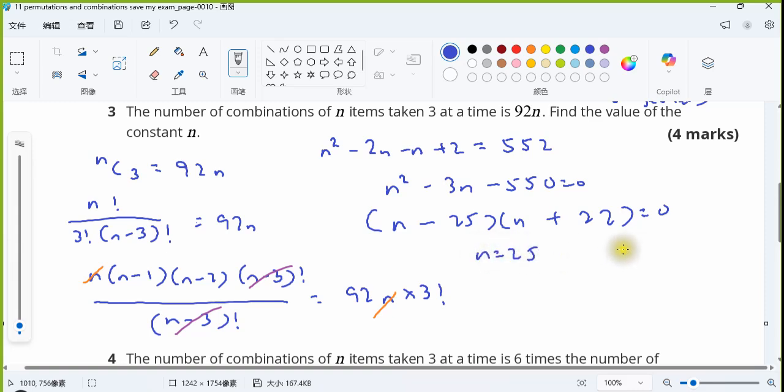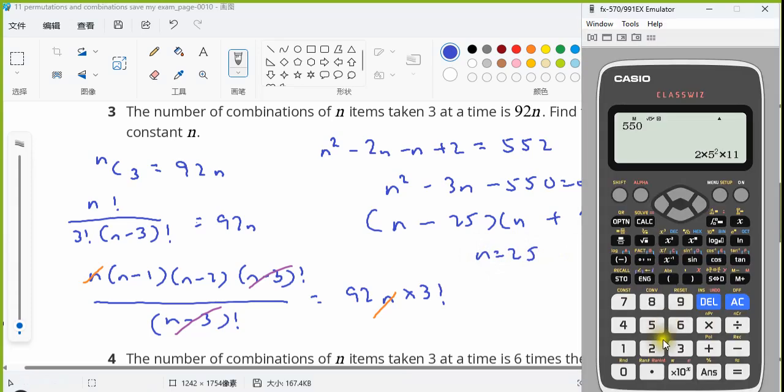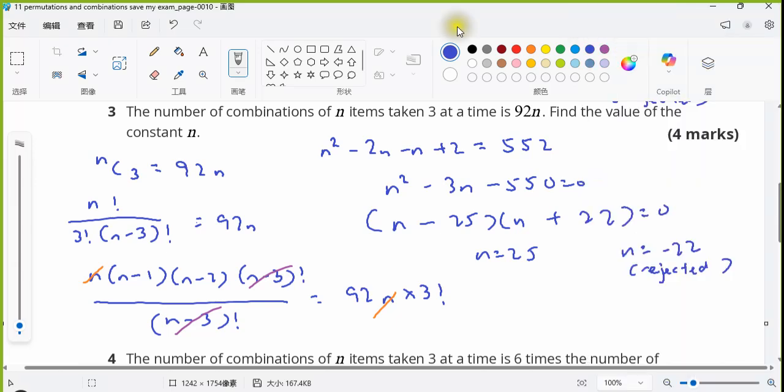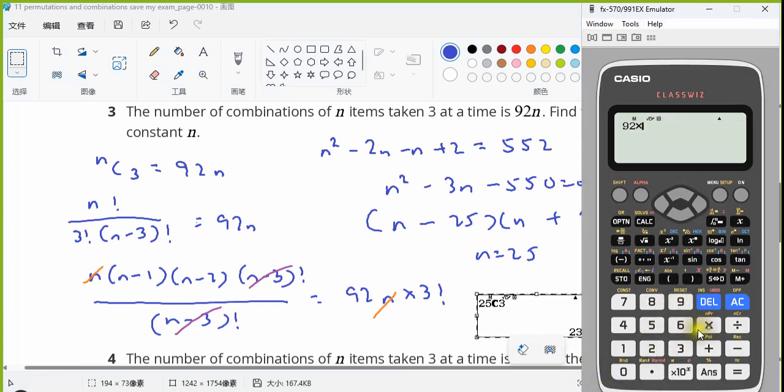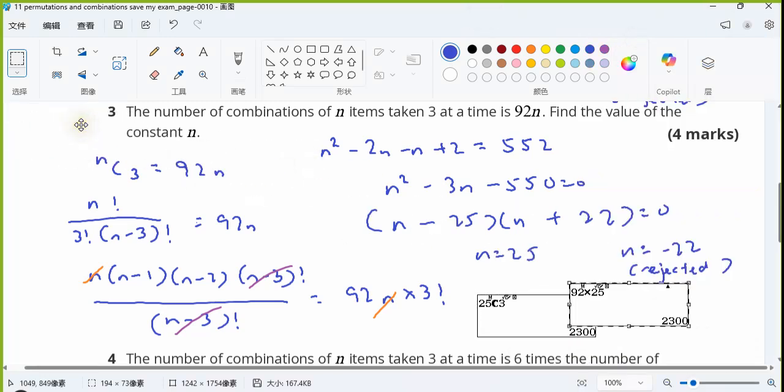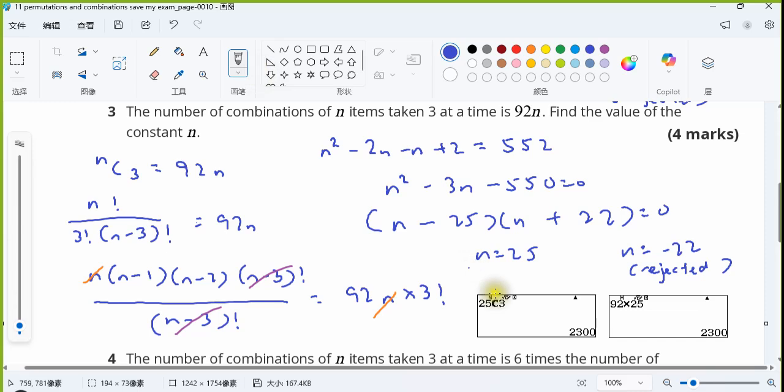So n equal to 25, n equal to negative 22. So this one is rejected. So we have 25. So 25C3 is 2300. And then 92 times 25 is 2300 as well. So the left hand side equal to the right hand side. So the answer that I get is correct.